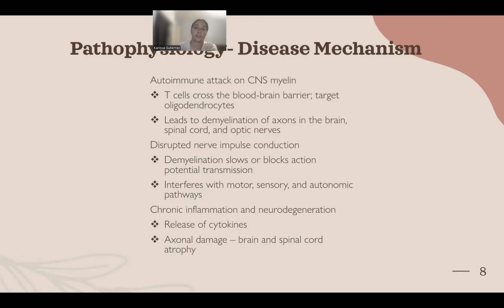When this protective covering is stripped away, impulses can slow down or get entirely blocked. This demyelination disrupts communication between the brain, the spinal cord, and the body. Over time, inflammation doesn't just remain at the myelin, it starts to damage axons themselves, particularly if the immune attack persists. This leads to long-term neurodegeneration and atrophy of the brain or spinal cord in MS patients.